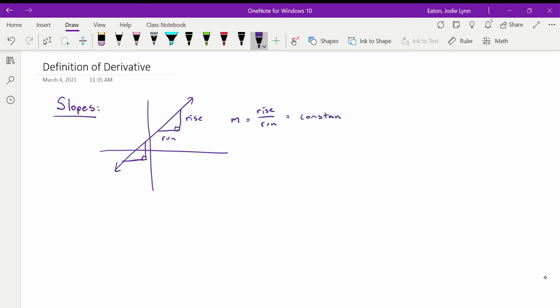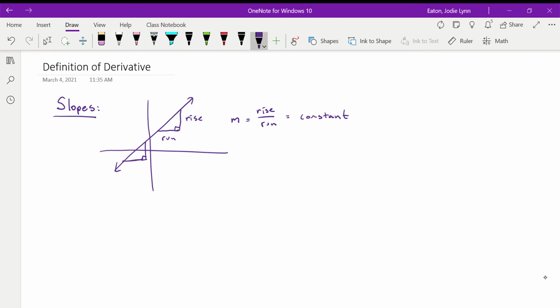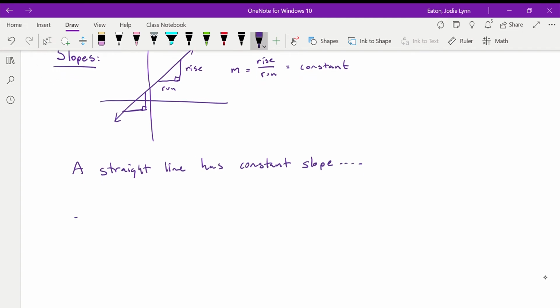We have the same slope no matter how we take it. Okay? So a straight line has constant slope, dot, dot, dot, but a curve does not.